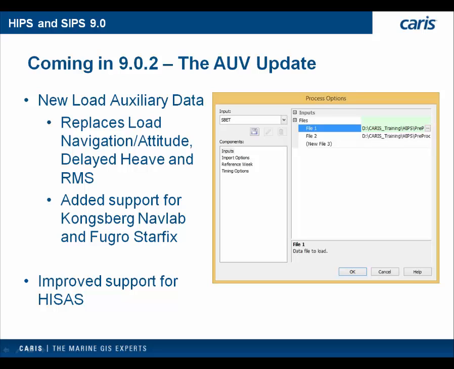This new dialog is based on the Raster product export dialog you saw earlier in the demo, which is great because you can set up some common configurations and save them as a template for reuse later. We're also adding support for 2 new post-process formats, Kongsberg's NavLab and Fugro's Starfix formats. We also have improved support for data from Kongsberg's HiSAS system and other Kongsberg AUV configurations, so watch for that.